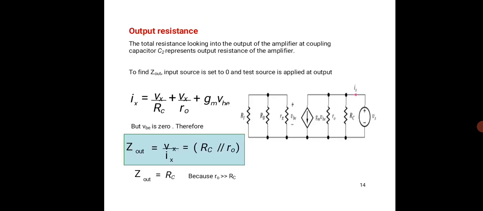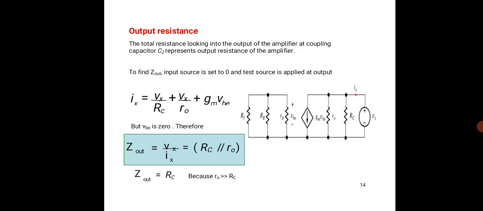Coming to the output resistance, it is the total resistance looking into the output of the amplifier at coupling capacitor C2, whereas the previous one was at the input side C1. To find Zout, the output impedance, we set the input source to 0 and apply a test source at the output.